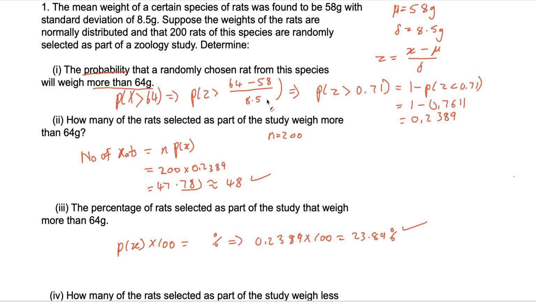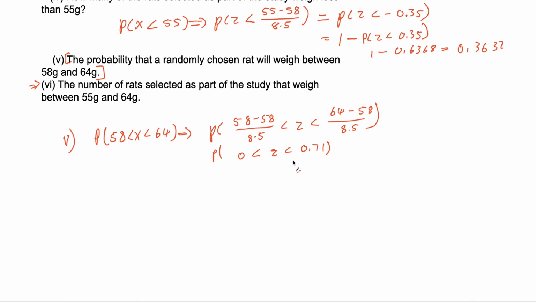This is the first question, which gave you 0.71. And now you have this equation, which you can easily work with. So that will be P of Z less than 0.71 minus P of Z less than 0.